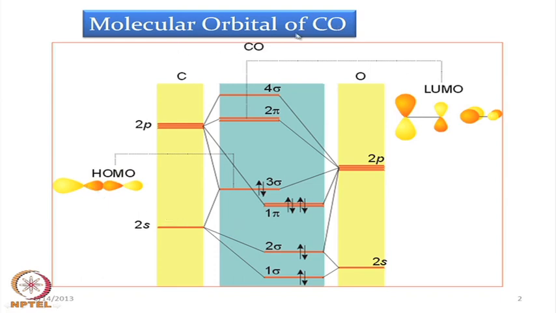Now, what about this carbon monoxide molecule, which we classify as a good pi acceptor ligand? These pi acceptor orbitals are of 2 types. We have the 2 pi orbitals, which are of pi star symmetry. That means they are antibonding corresponding to the 1 pi level, and this is 2 pi, involving px and py.